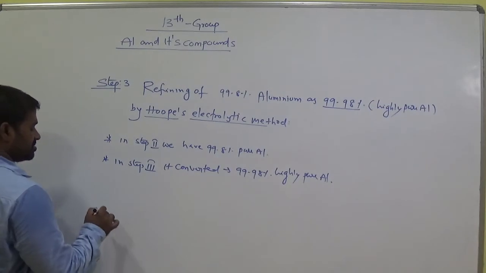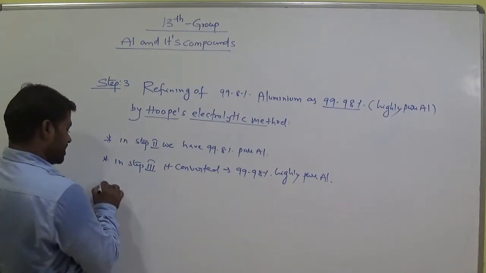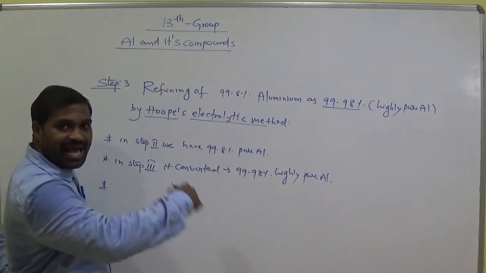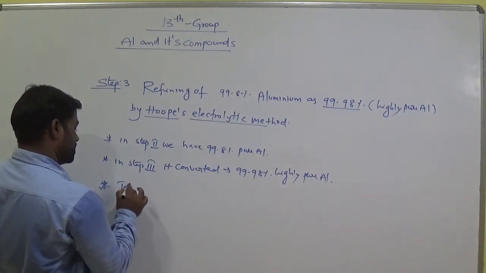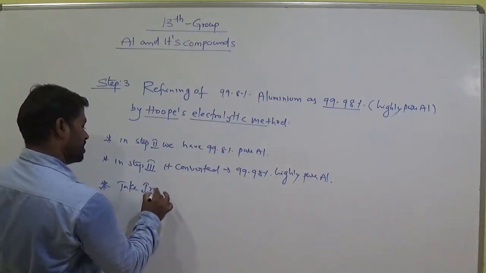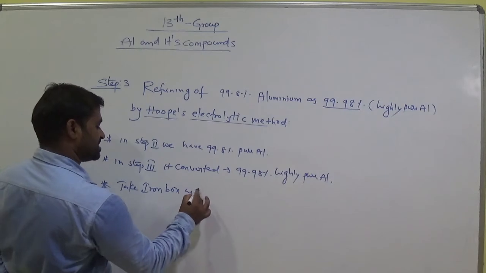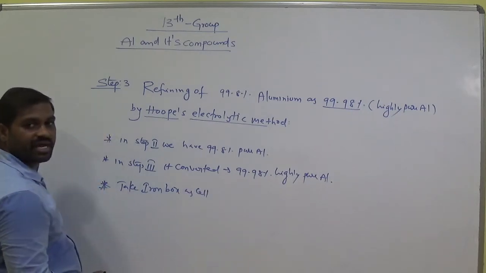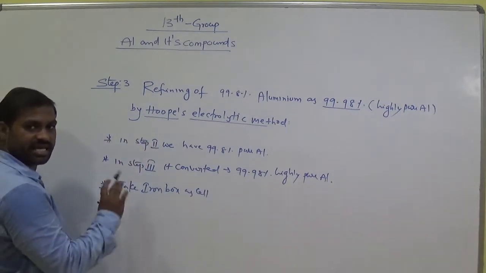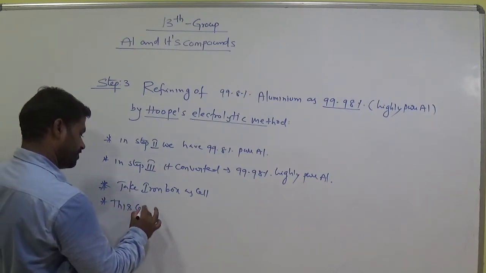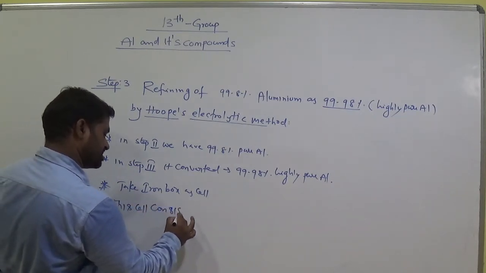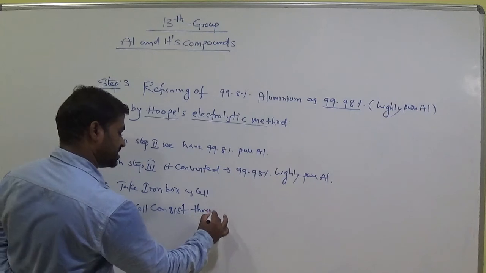Okay. So in this process again we take an iron box as the cell, as in step 2. Okay, the same cell. This cell consists of 3 layers.